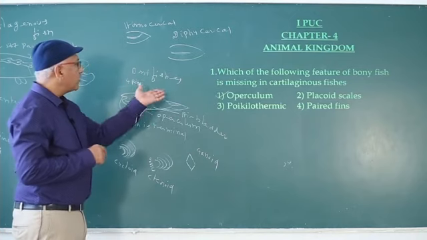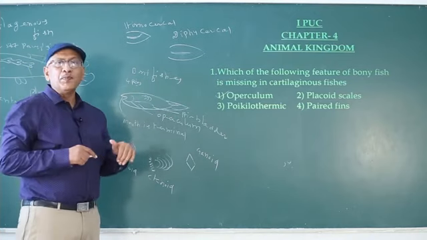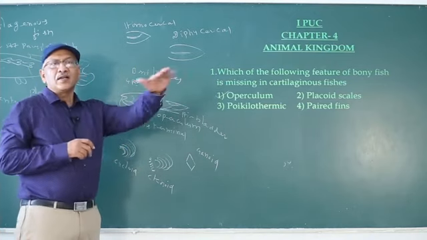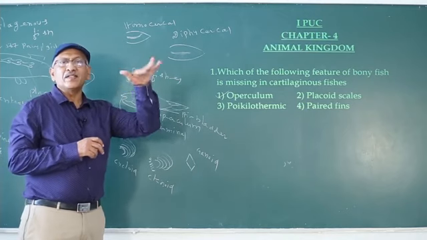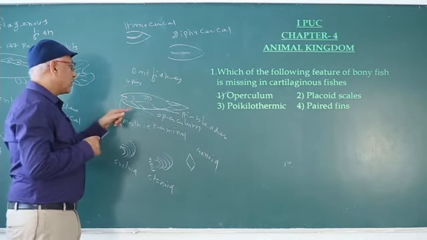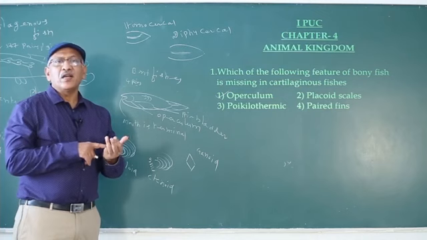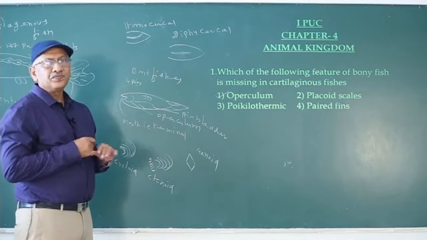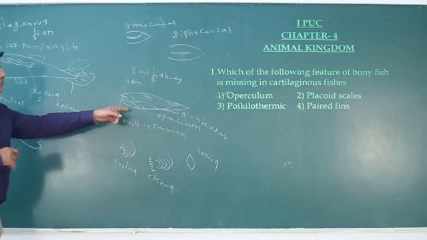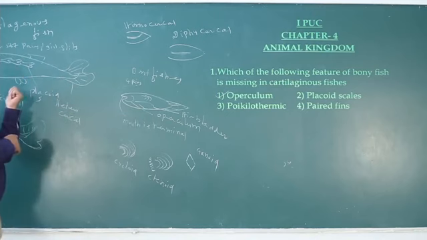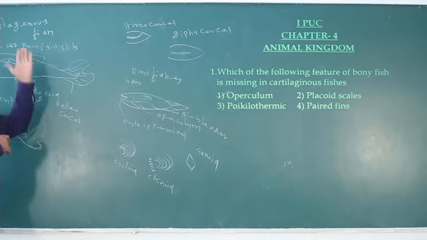Due to presence of air bladder, even without swimming, the bony fish can remain at the same depth. So air bladder is a buoyancy organ, helps in floating.